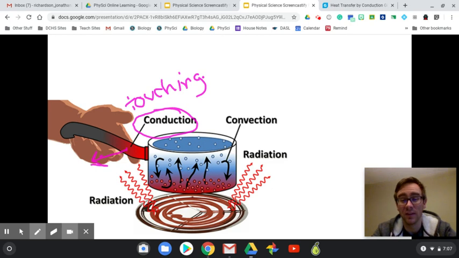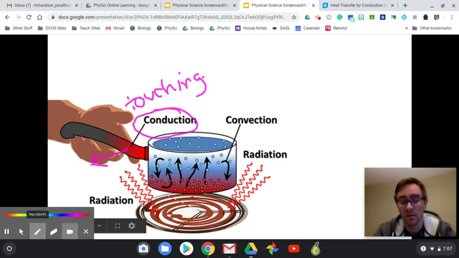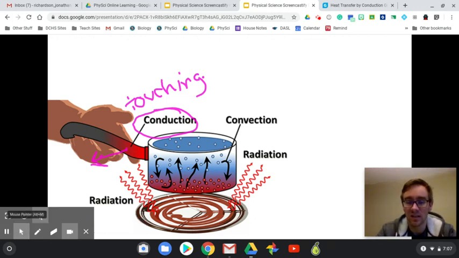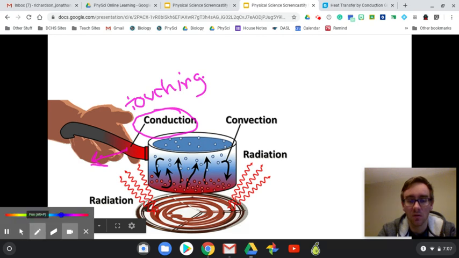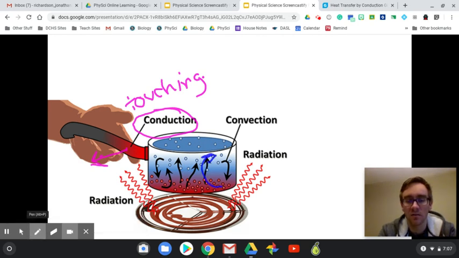If you have a liquid or a gas, you can get something called convection. And this one we're very familiar with. It's just this idea that warmer particles are going to rise, and then when it cools down, it's going to sink. We see this in our houses all the time. If you have multiple stories in your house, I bet the coldest room is typically your basement, and I bet your upstairs bedroom is typically warmer.